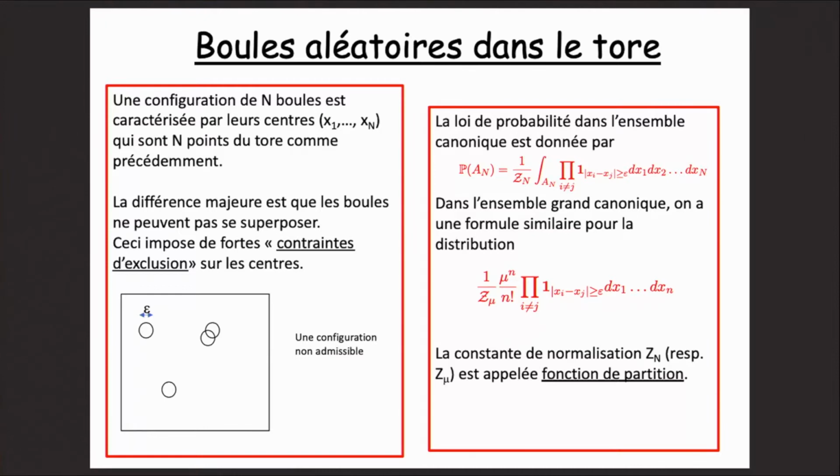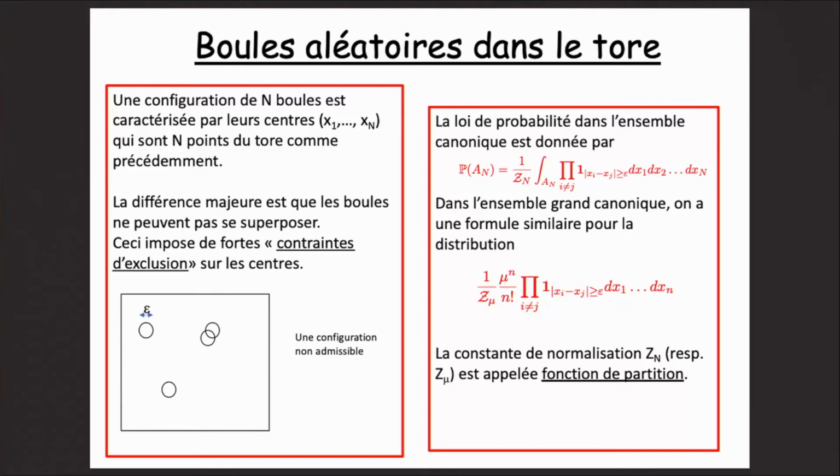First I define the canonical probability, where I have already fixed the number of particles. The distribution of centers in A to the n will be, with a normalizing factor, an integral with respect to the Lebesgue measure, but I have to condition on the indicator function which tells me that all centers are at a distance at least epsilon from each other.